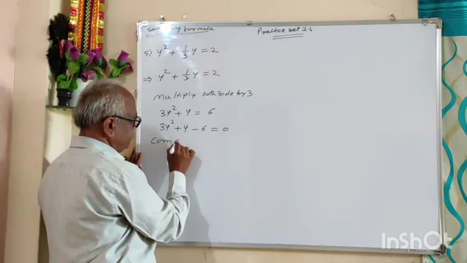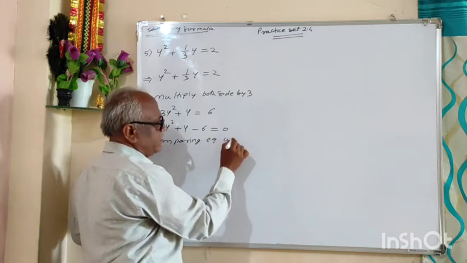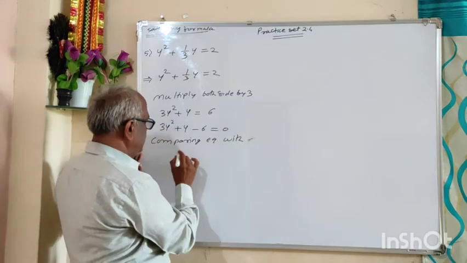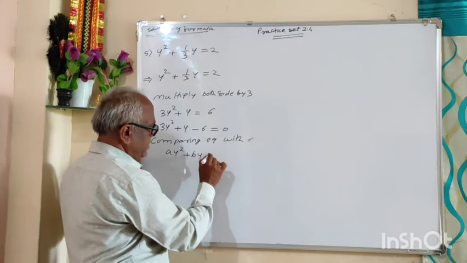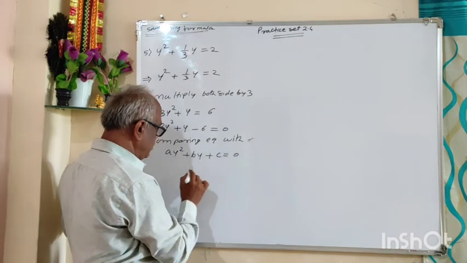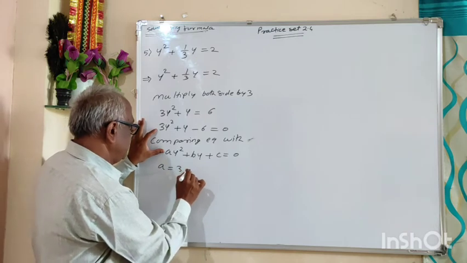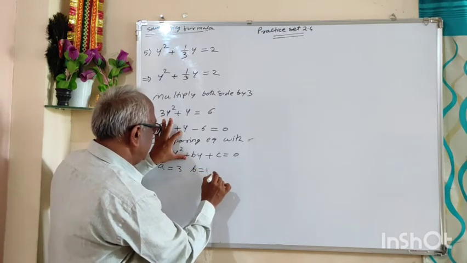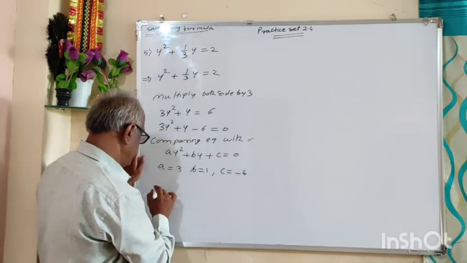Comparing the equation with a general form, that is ay square plus by plus c is equal to 0, where a is equal to 3, b is equal to 1 and c is equal to minus 6.